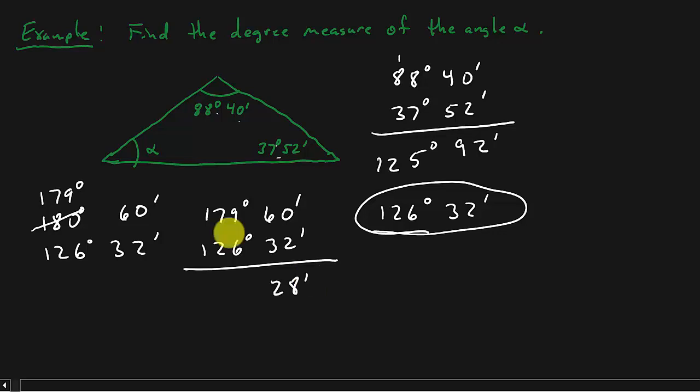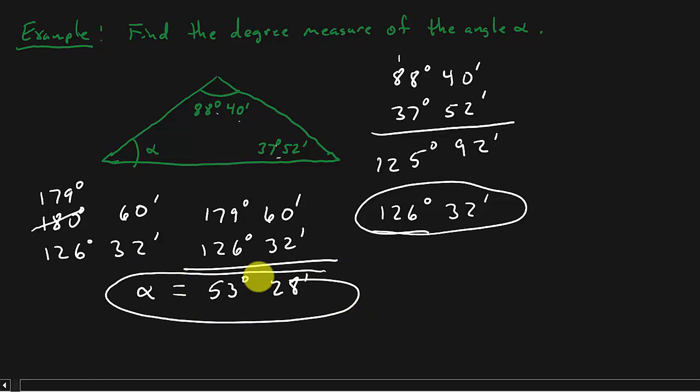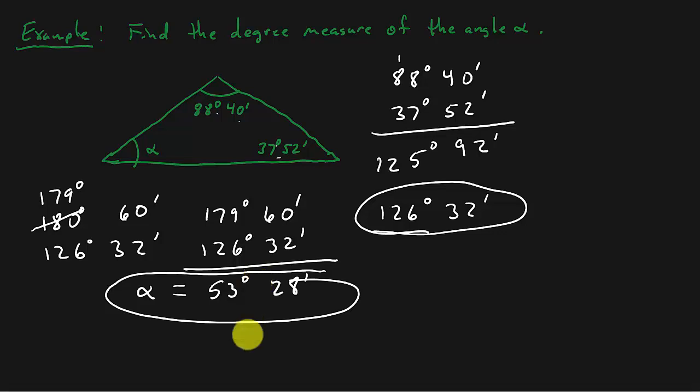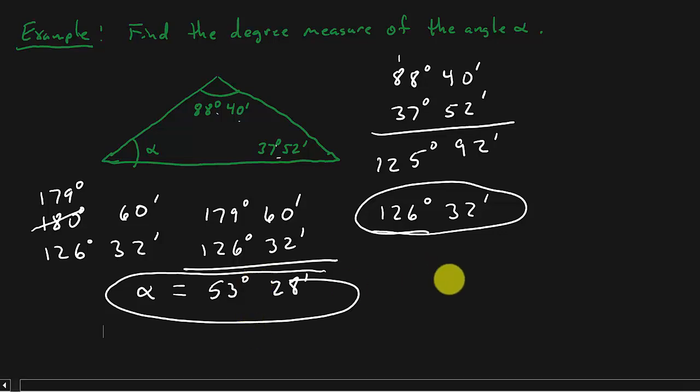And then 179 minus 126, that is 53 degrees. And so this is alpha. All right? Because remember, all three angles of a triangle add up to 180 degrees. All right, so that's all of this one.